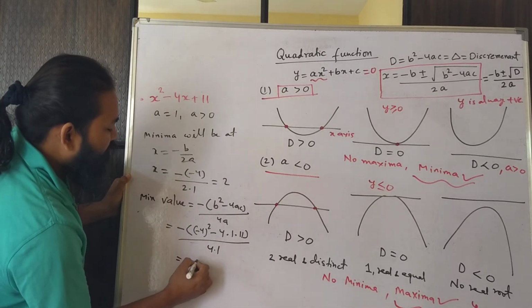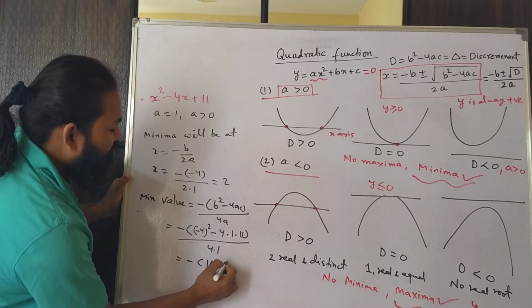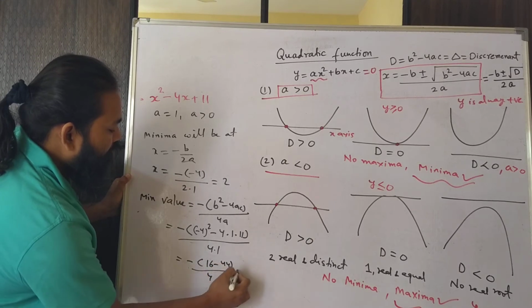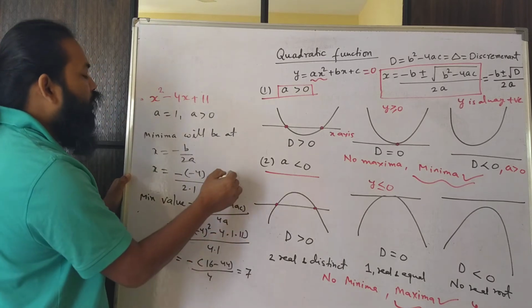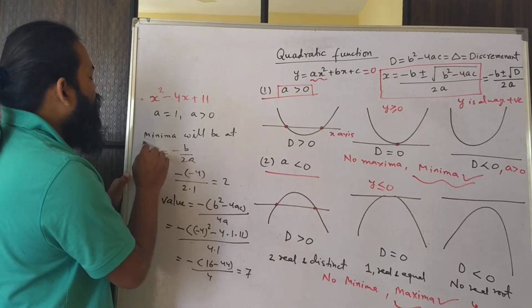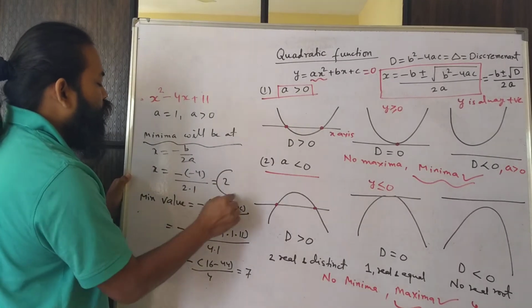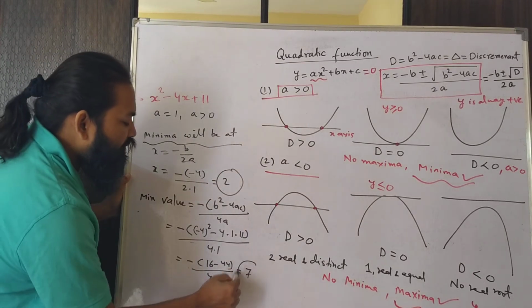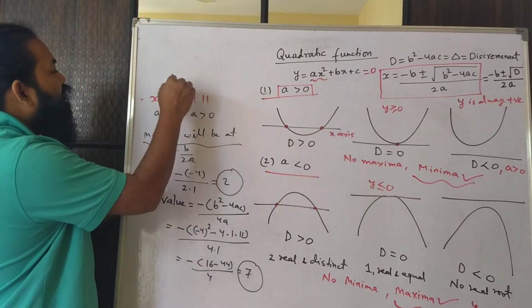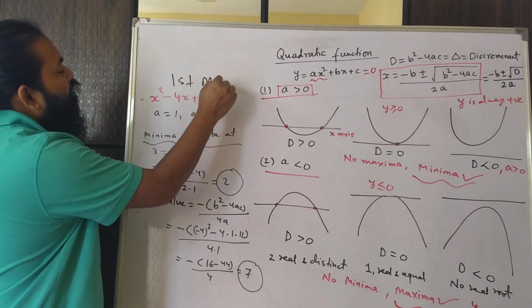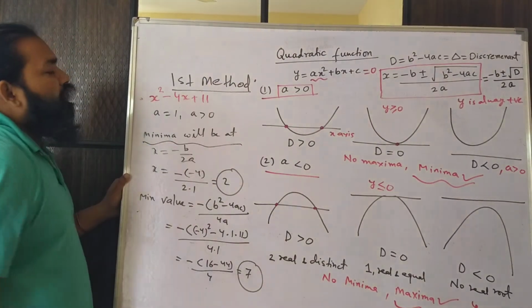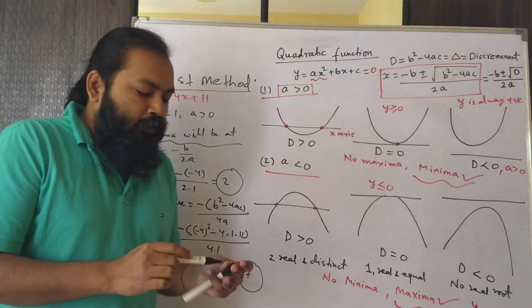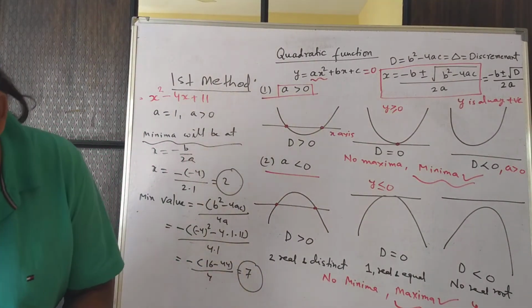So you will get minus of 16 minus 44 by 4. So this is minus 28, so you will get 7. So I got both my answers. Minima will occur at x equal to 2 and the minimum value will be 7. So this was the first method, using the formula. Now let us see another method, the second method, what I can do.